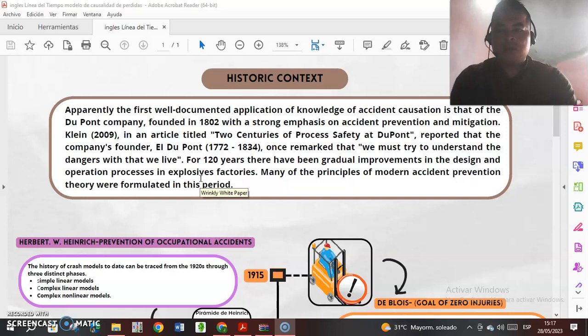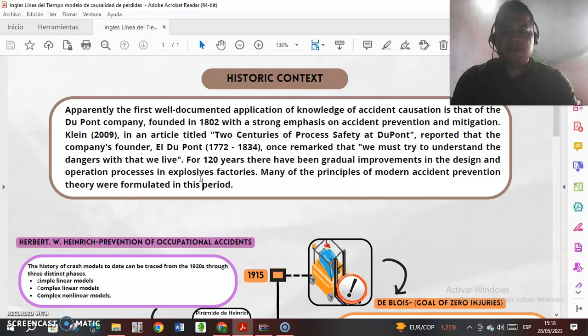In 2009, an article titled Two Centuries of Process Safety at DuPont reported that the company was founded in 1772 and, in 1834, remarked that we must try to understand the danger.